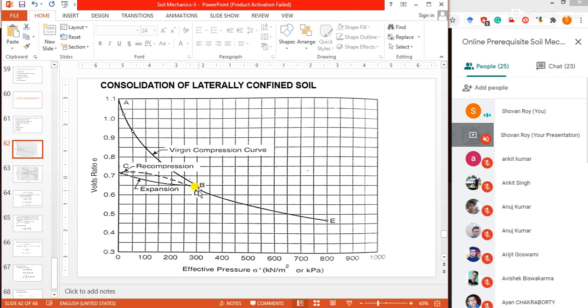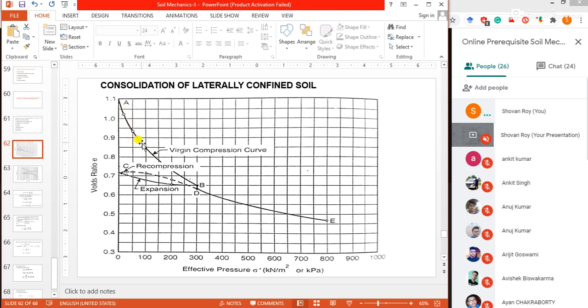During expansion the sample never attains the original voids ratio, obviously, because this BC curve is not following the same AB curve.